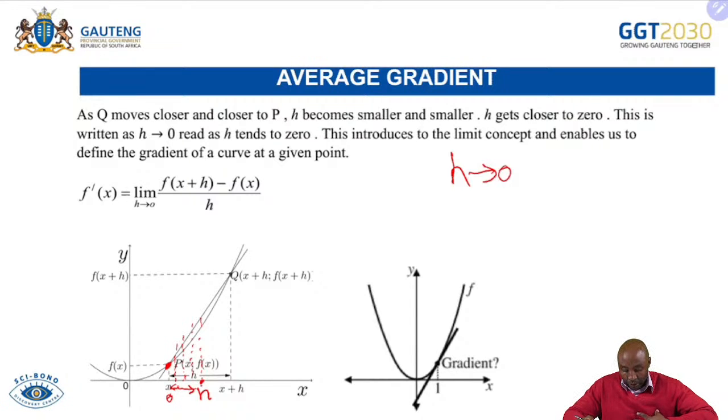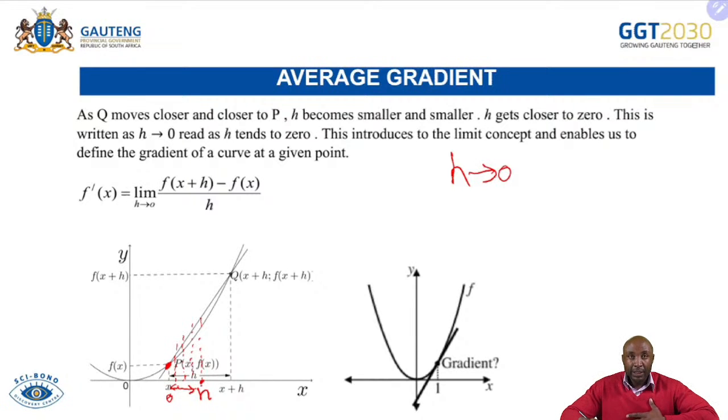And we are going to use our first principle where we are saying if we reduce the size of our h, we end up being able to find the gradient at a point instead of finding the average gradient between 2 points, because that distance, as we reduce it, becomes so small that it ends up being a point instead of it being 2 separate points that you can distinguish.